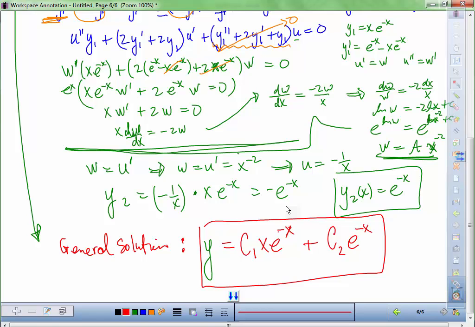Because that constant, when we throw the arbitrary constant out here, it doesn't matter if it's positive or negative, or if we have any other constants next to this, it'll get absorbed by this because it's a constant. Yeah, so y2 I got this one, but since this is going to be part of a general solution, e to the negative x and negative e to the negative x are basically linearly dependent.